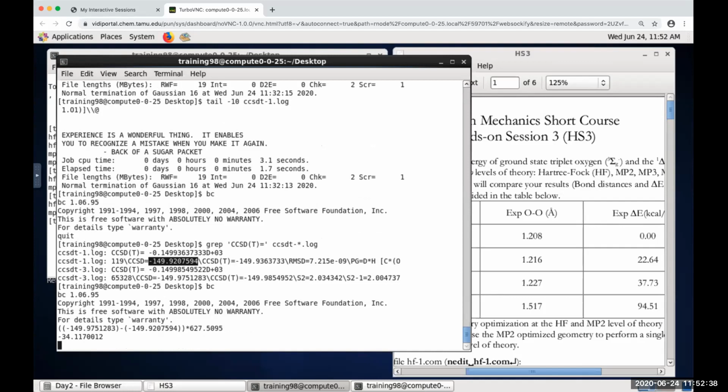CCSD(T) is a very high level of theory, and we used a reasonable basis set, cc-pVDZ, a double zeta correlation consistent basis set. But we're still making a 10 kcal error in the energy difference between the ground state and the first excited state for molecular oxygen.